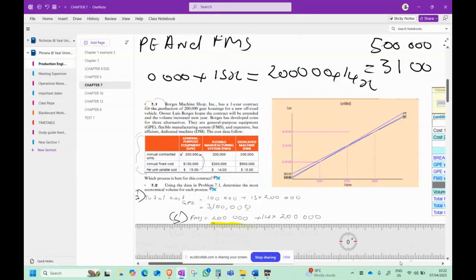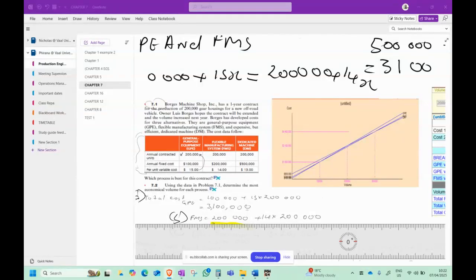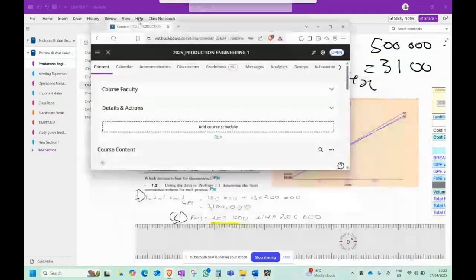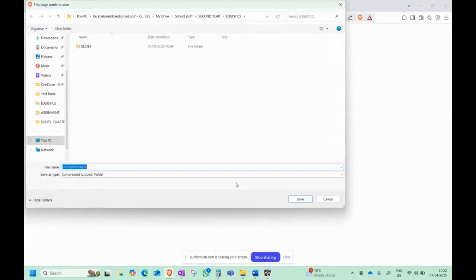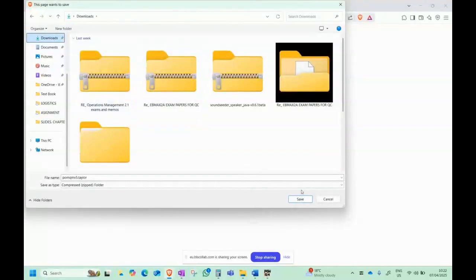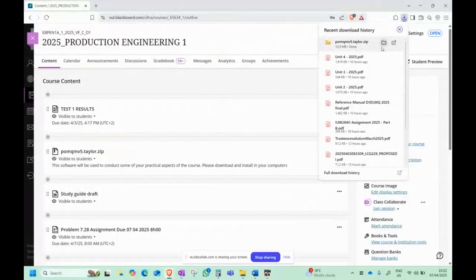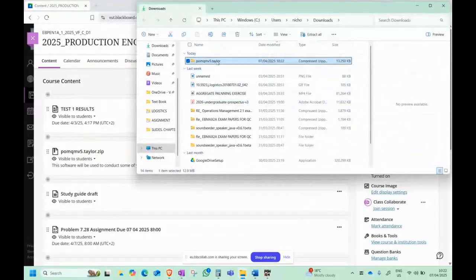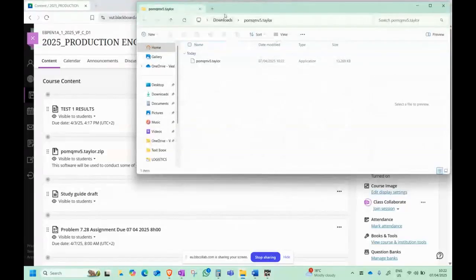The software is under your Blackboard, already published. Once you click on it, I'm sure it's going to download. Save. After it finishes downloading, you don't open it, you open the location first. You right click here, you extract like that.